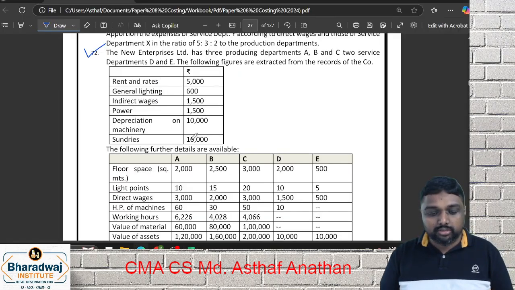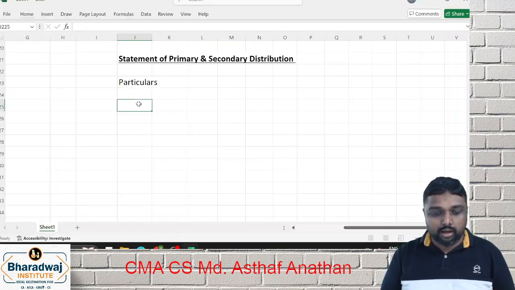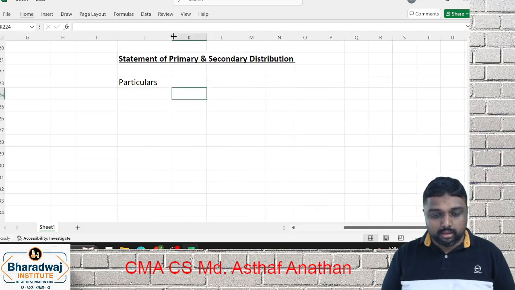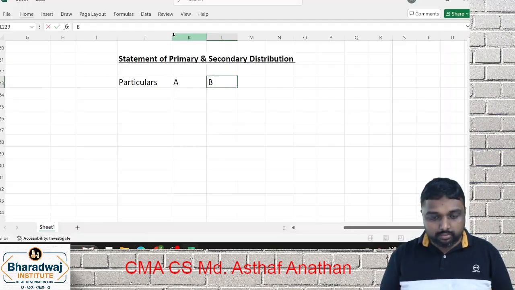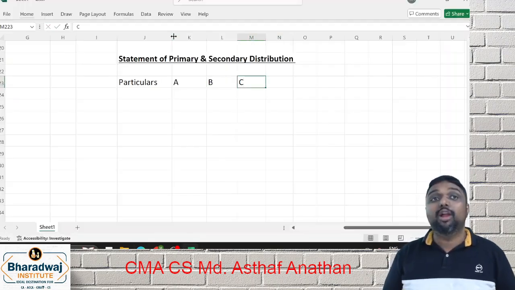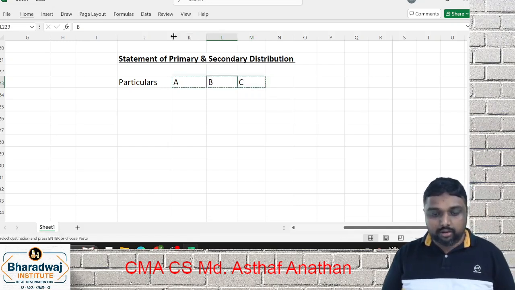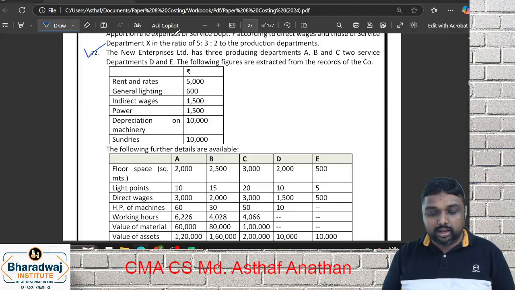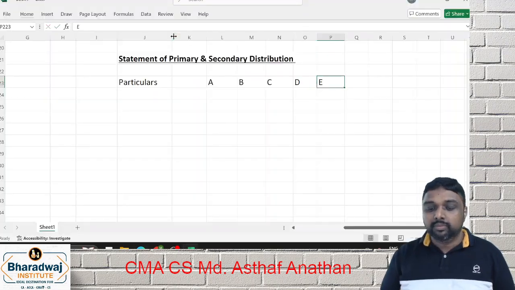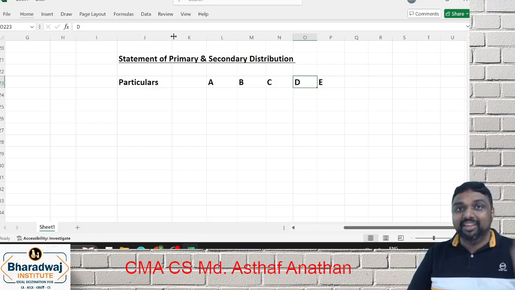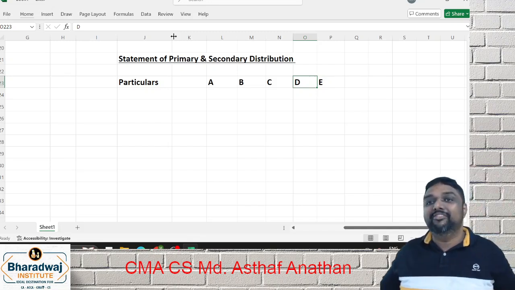What all the points will come? We'll have A, B, C. These all are production departments. We'll have one column for amount. Then we'll have service departments D and E. In the class, we gave separate columns for amount, ratio, base. But in revision, we won't do that.